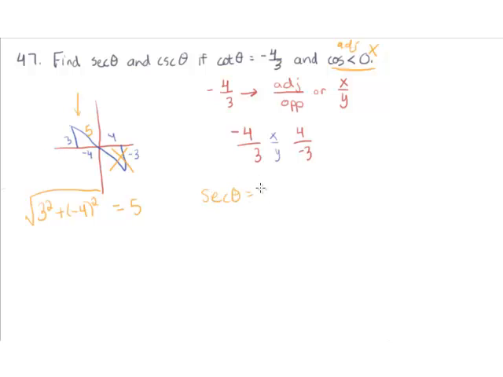Secant theta is the hypotenuse over the adjacent side, so that's -5/4, and cosecant is the hypotenuse over the opposite side, so 5/3.